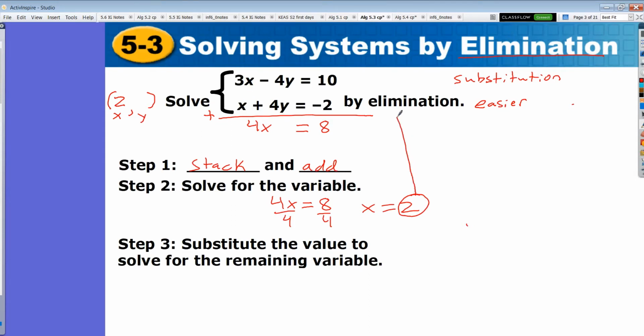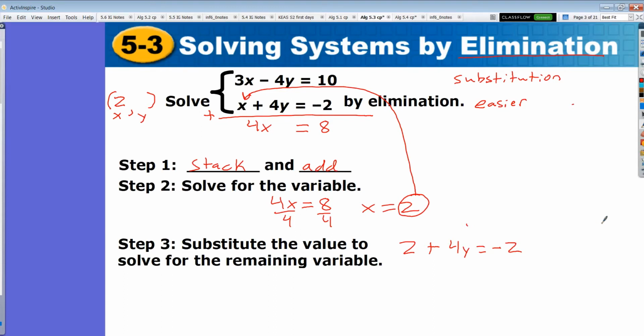So let's take the 2. We'll put it into our bottom equation for x. All right, and then we're on to step number 3. We're just going to solve for y. So if I put 2 in for x, I'm going to have 2, and then the rest of this equation right here, plus 4y equals negative 2.